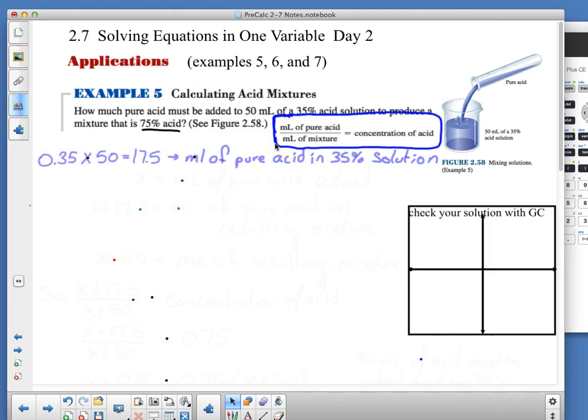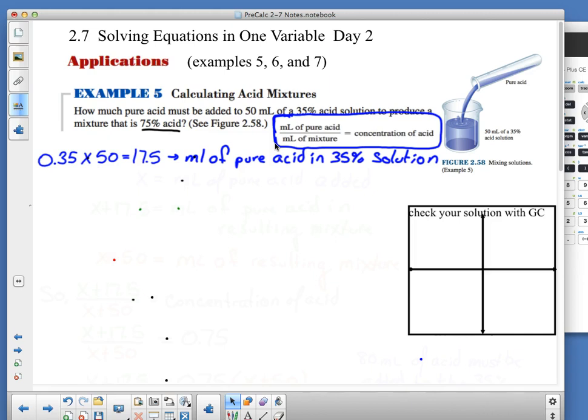The first thing I'm going to do is find the amount of acid sitting in my 50 milliliters at 35% concentration. It's 17.5 milliliters of pure acid.